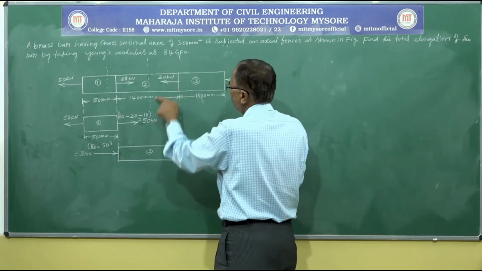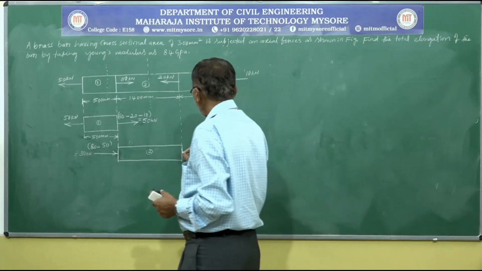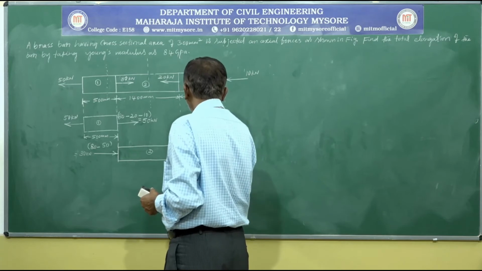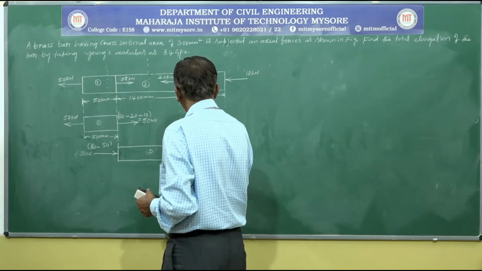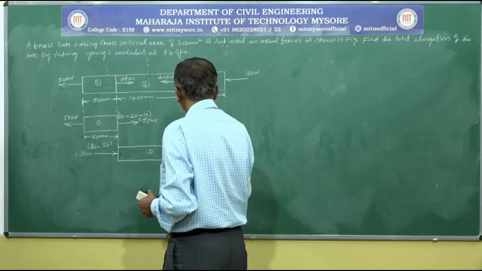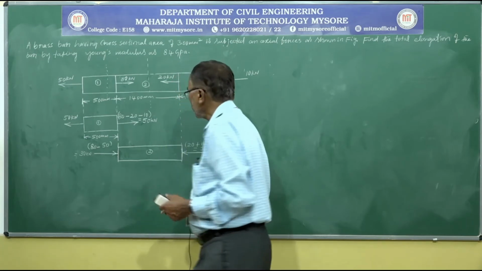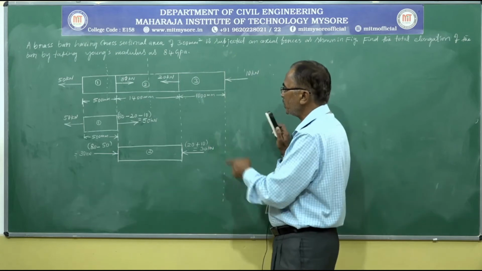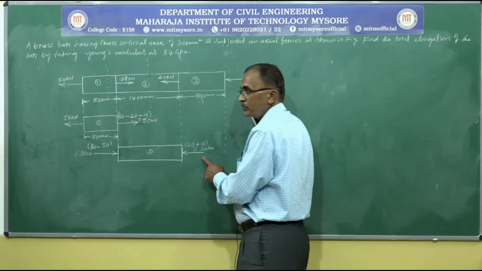The resultant force acts in the leftward direction only, so we can decide the direction of the force easily. So portion 2 is in equilibrium under the action of 30 kilonewton compressive force.